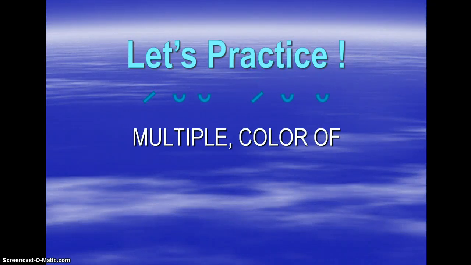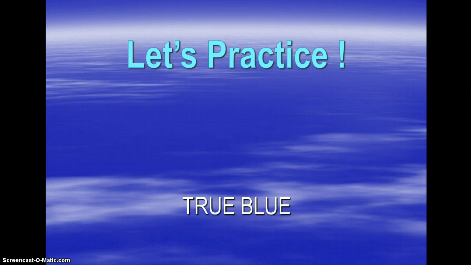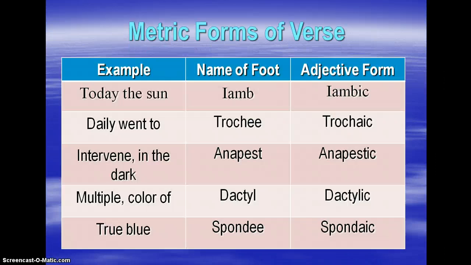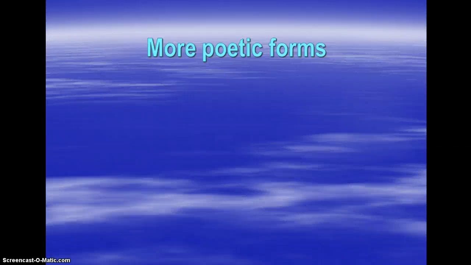And the spondee, "true blue," double stress, "true blue." Again, don't freak out. We're going to practice this in class. If I were you, I'd look back through this and get the feel of it. Once again, here is the table with the examples and the name of the foot and their adjective form.